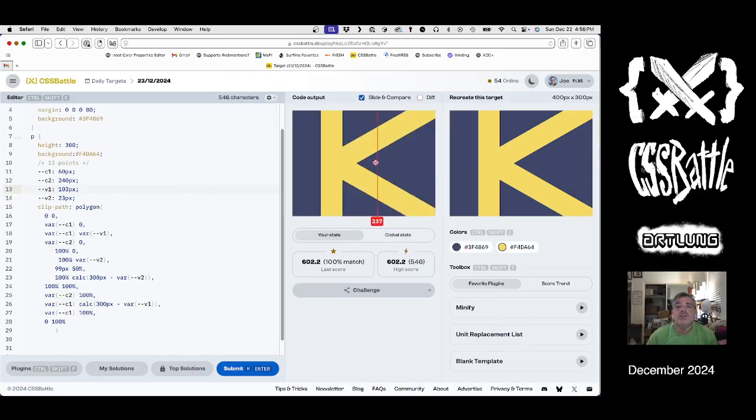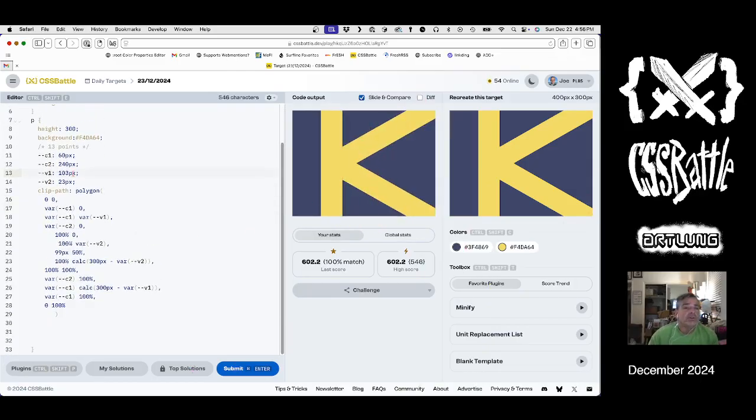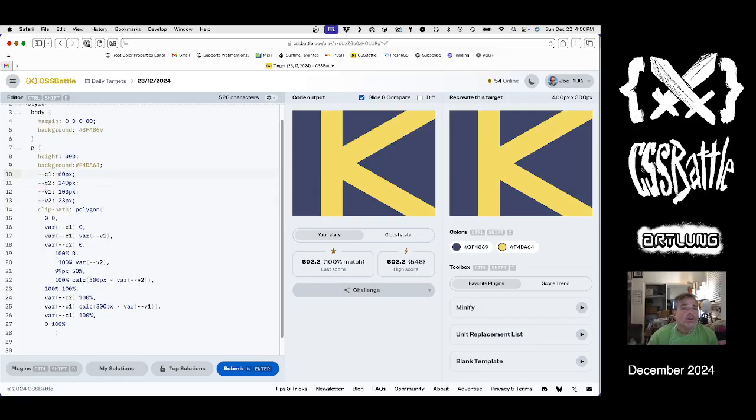Sometimes the visual artifact that we see is not quite what we want. So now we're going to replace all these numbers. So C1 becomes 60 pixels. C2, actually, hold on. C1, C1. C1, C2. C2. C1 is 60 pixels, yeah.